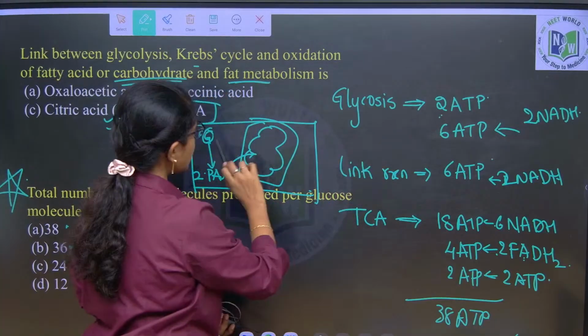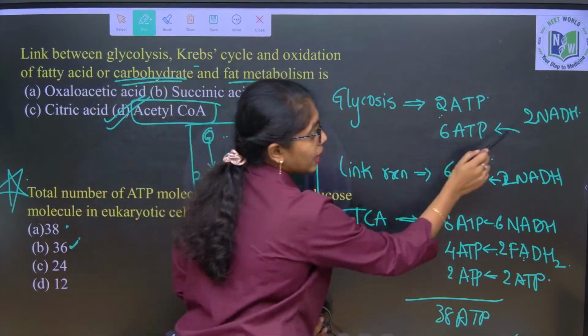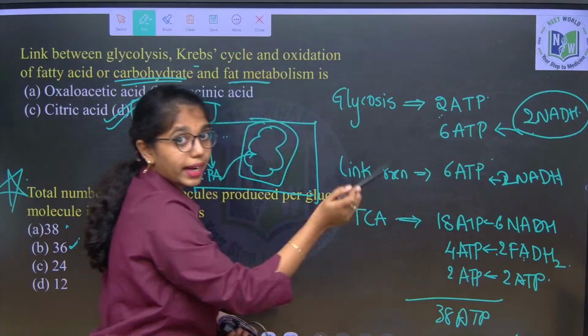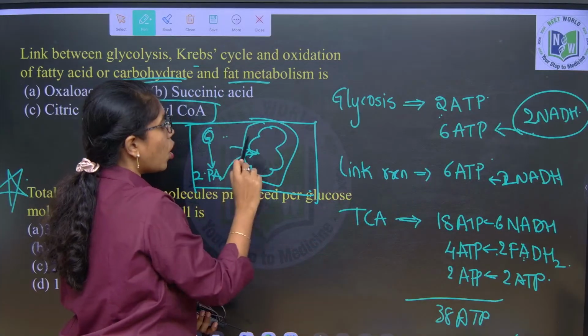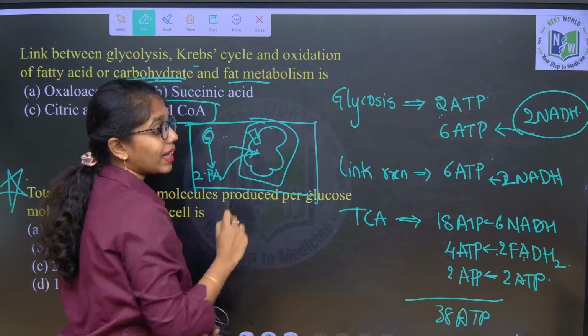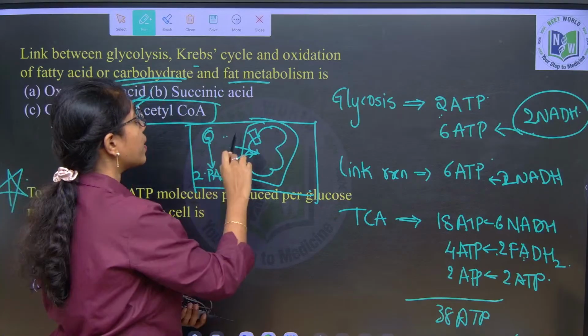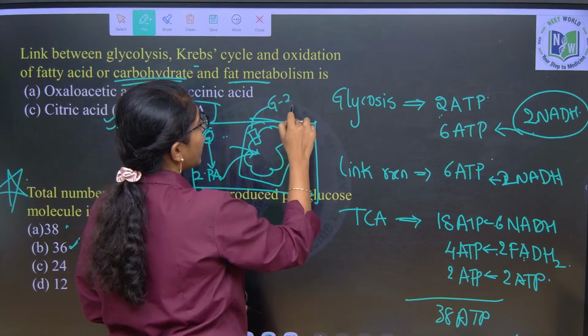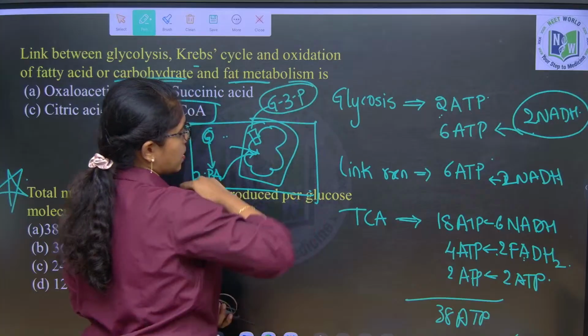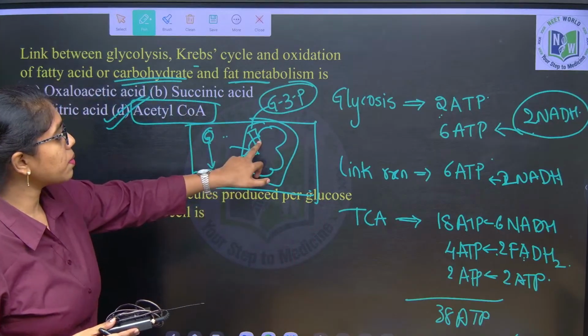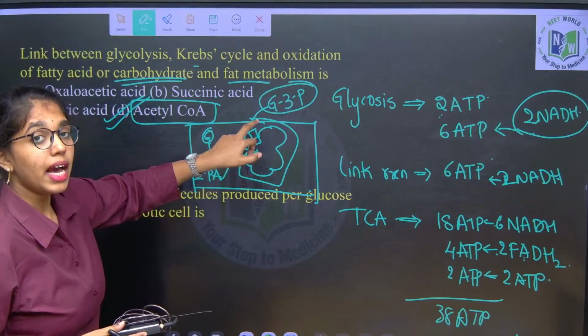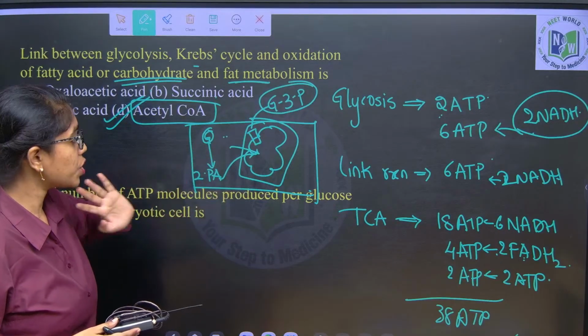ATP molecules are utilized over here, but these 2 NADH, to pump into the inner mitochondrial membrane, there is a shuttle system activated called the glyceraldehyde 3-phosphate shuttle system. Okay, what shuttle system is there in the inner mitochondrial membrane? Glyceraldehyde 3-phosphate shuttle system.